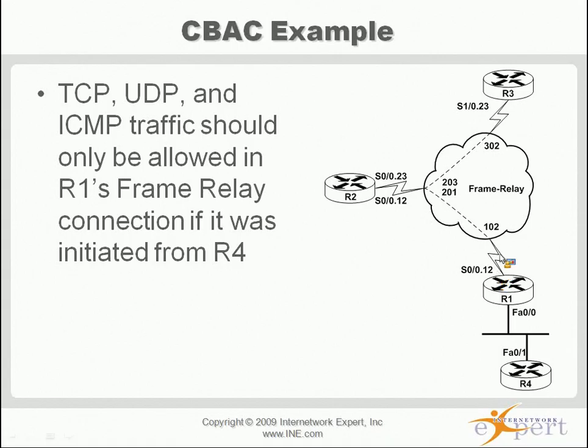In this case, if I'm inspecting outbound on the serial 0/0 interface, then that would affect traffic coming back in through that ACL there. If I was inspecting inbound and that traffic passed through to router 4, then that would affect the return traffic from router 4 back through to router 2 on an inbound ACL on FA0/0.